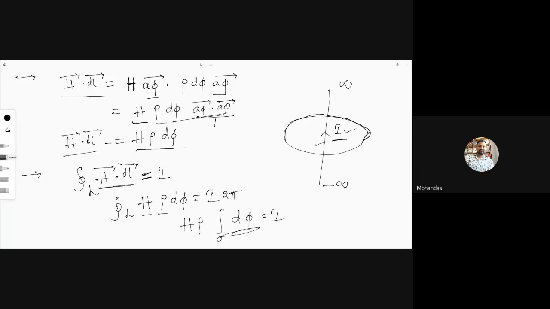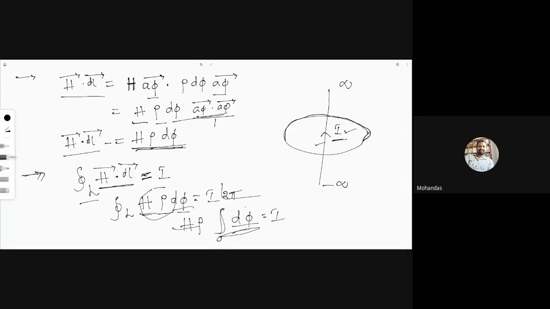The fifth step is the line integral of H dot dl. Substituting, H into rho into d phi integrated equals I. Taking H phi as common, with d phi inside the integration, the integration gives 2 pi.